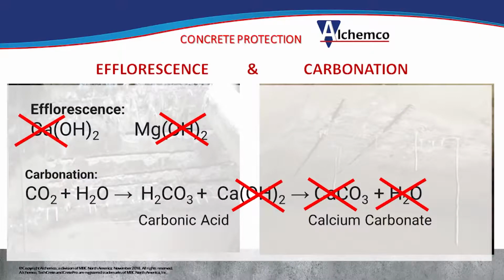Here we see some calcium leaching, we see some stalactites, we see efflorescence. The reason we see that is because water penetrates the concrete, then water carries the salts of calcium and magnesium outside. That's exactly what we're seeing. These 20-inch stalactites are the calcium and the magnesium that water is carrying from the concrete. So we have efflorescence and carbonation, just to give a couple of examples.